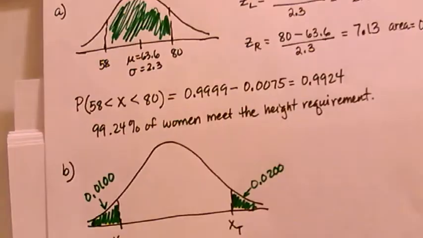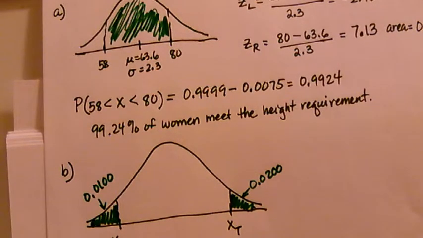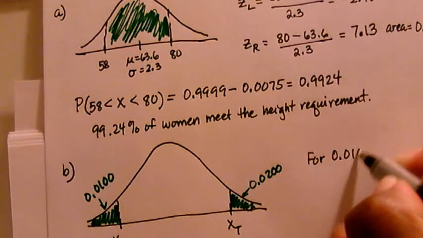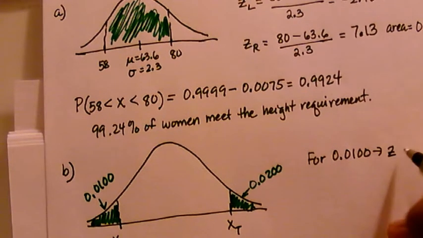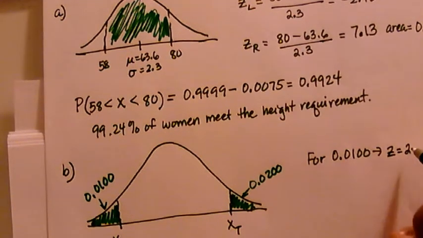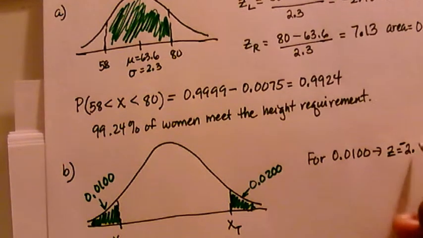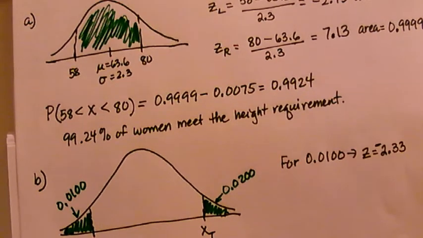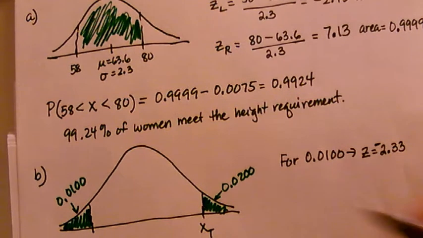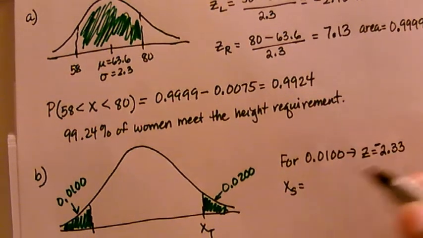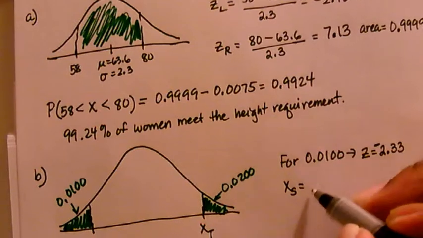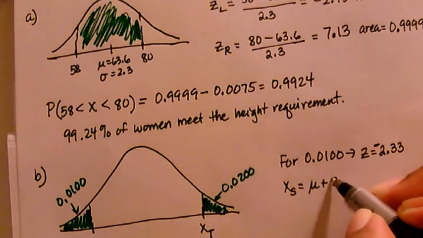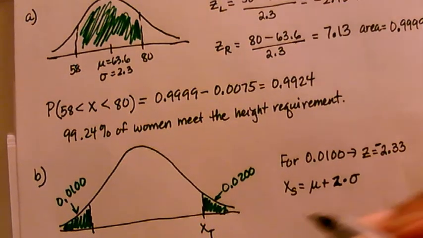So for 0.0100, that z value is going to be negative 2.33. And we need to get an x value for the shortest height, which is mu plus z times sigma.